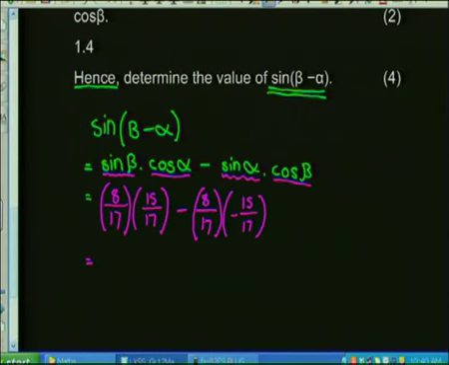Now, again, the question has stipulated that you must solve this without using a calculator. However, here, once you've done your answers and you've done your mental calculations, check using your calculator that you have worked this out correctly.